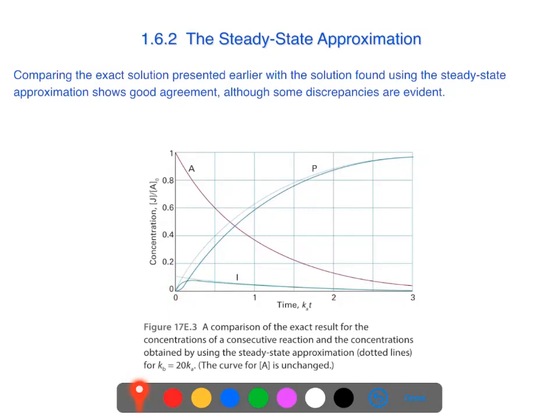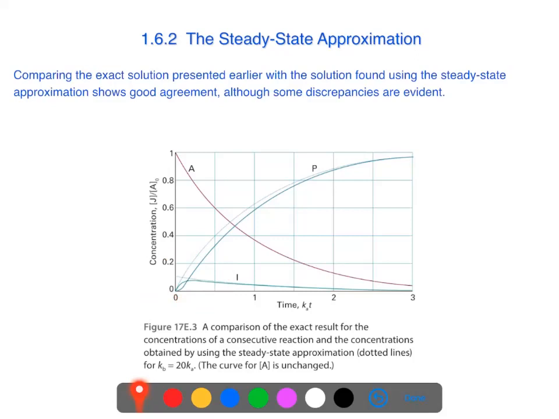So although it's not a perfect solution in every aspect or every time regime, primarily early times, the steady state approximation does provide, as the term implies, a good approximation or a good sense of how the product concentration is changing with time.